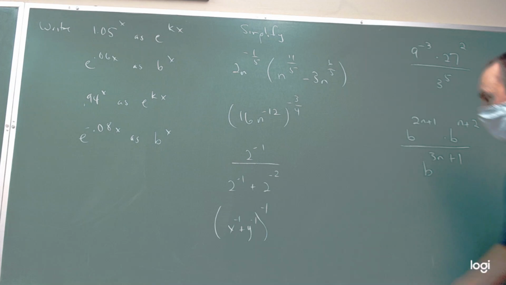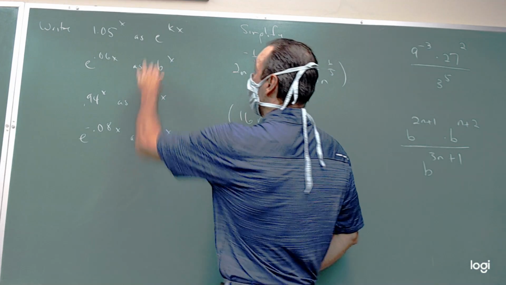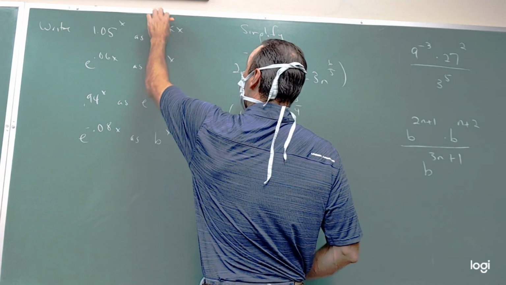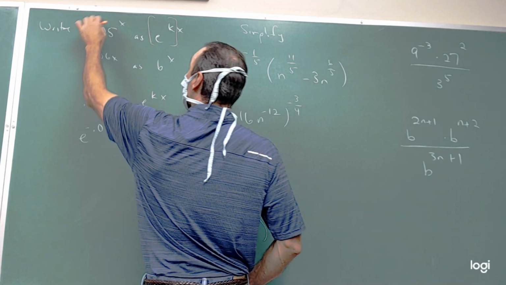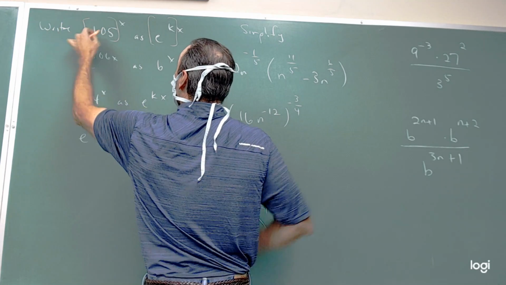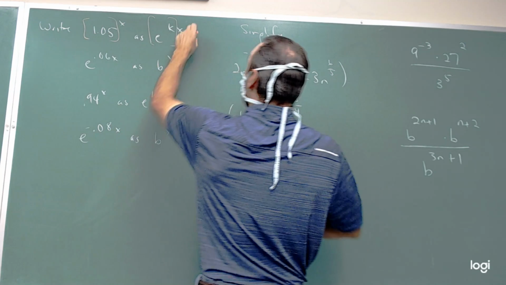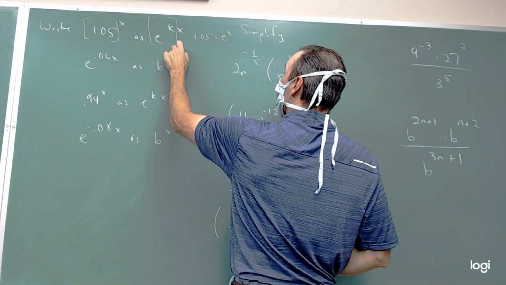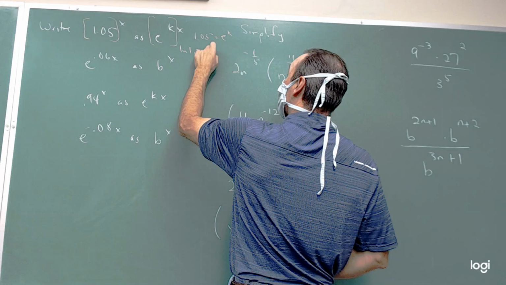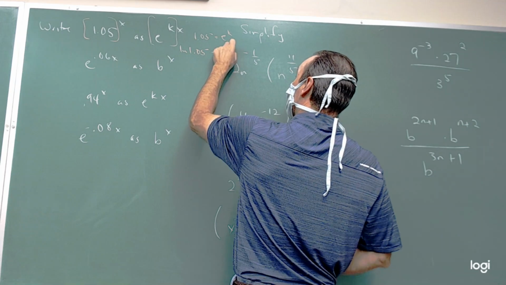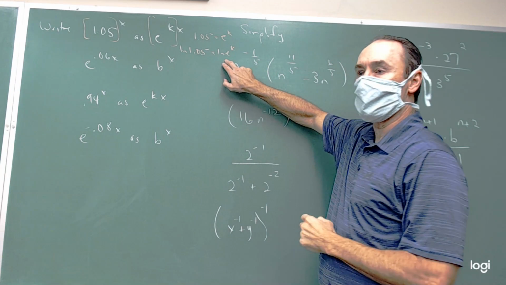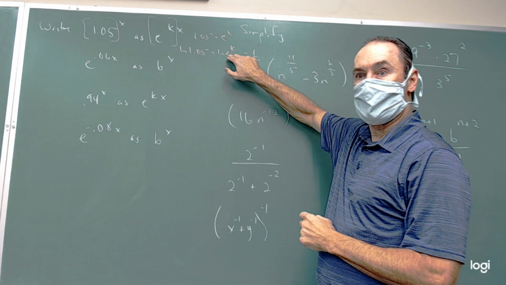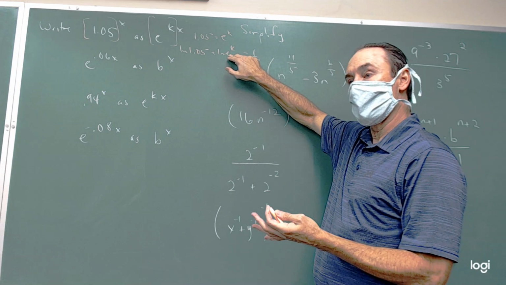So what we're doing on that first one is we are going to just say that these things need to be equal to each other. So the x's are the same, so we need 1.05 to equal e to the k. To solve that, we're going to take the natural log of both sides, recognizing that a logarithm-based Euler's number and an exponential-based Euler's number are inverses of each other.